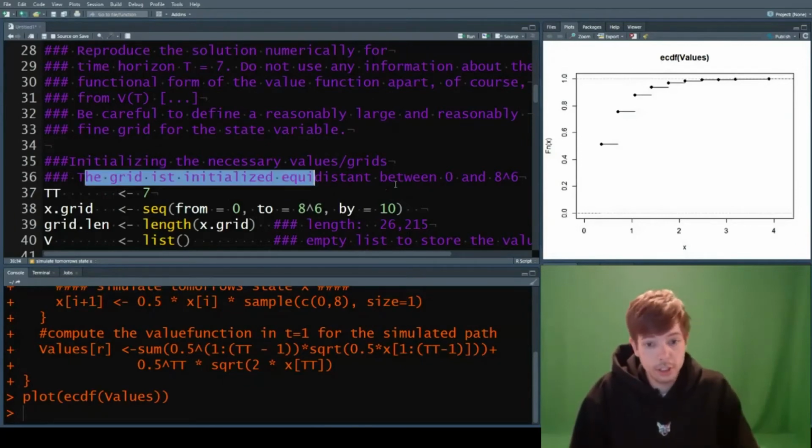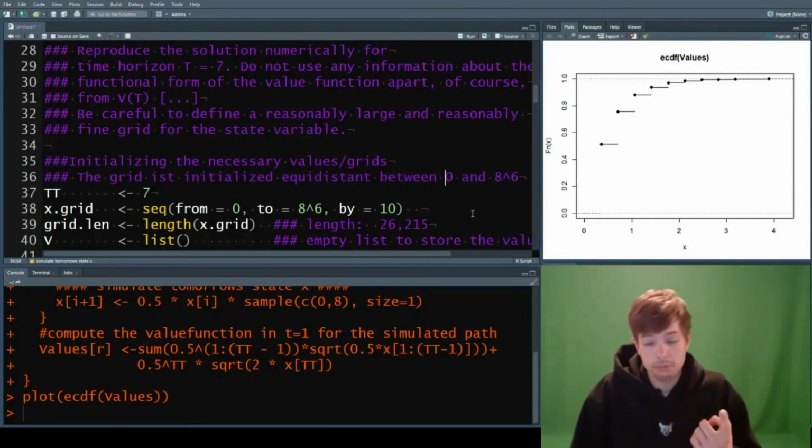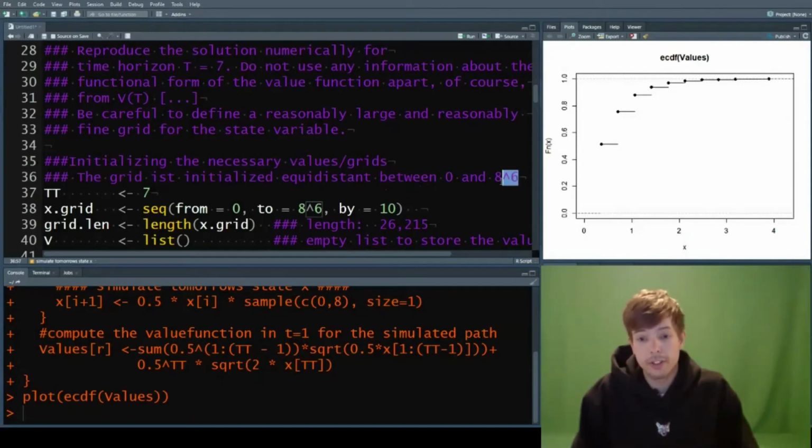We have an initial grid that goes from 0 to 8 to the power of 6, because we have 6 times the decision whether or not to invest. In the best case, we get 8 times what we invested. We can invest everything, the maximum we could invest. So 8 to the power of 6 is what we would receive in the final period if everything goes well.